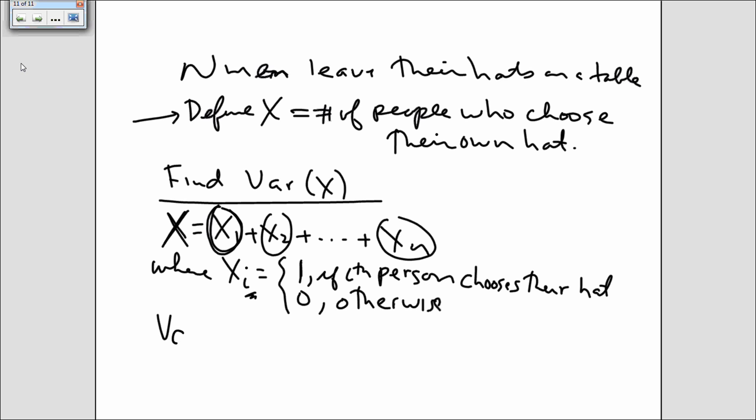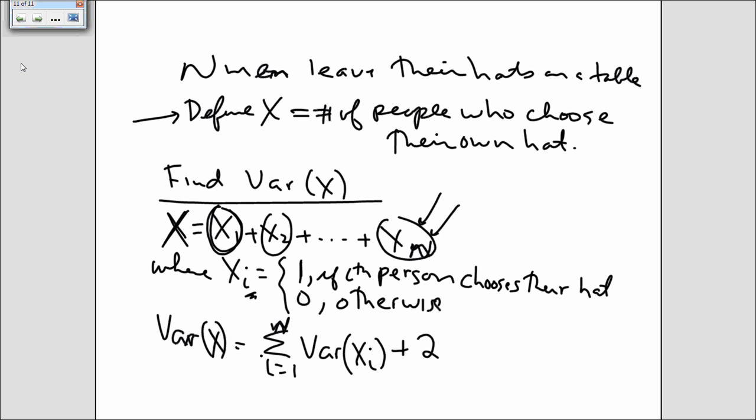Okay, now, I'm not going to prove a lot in these videos lately, but we know the fact that the variance of X is the summation of the variance of Xi, where i goes from 1 to capital N, plus 2 times the summation over i less than j of the covariance of Xi and Xj.